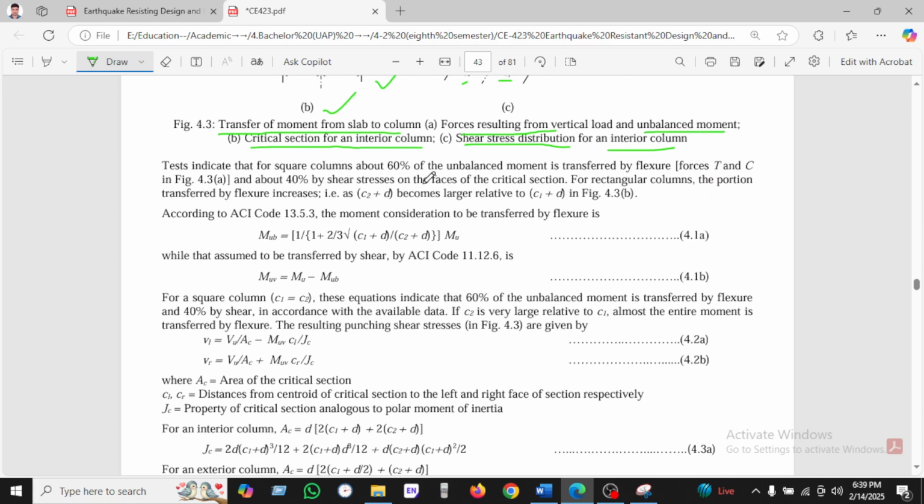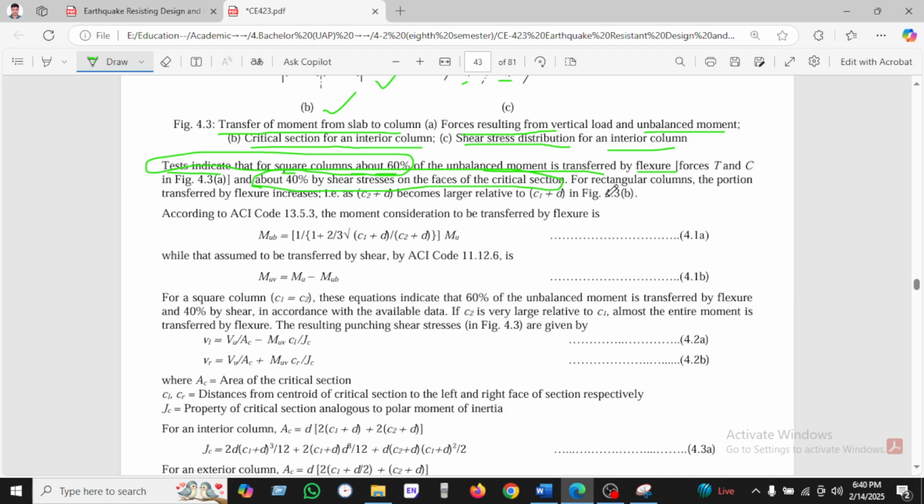So tests indicate that for a square column about 60% of the unbalanced moment is transferred by flexure with tension or compression, and 40% by shear stress on the critical section. This is very important. We have to memorize that the test indicates for a square column about 60% by flexure, and 40% by shear stress on the critical section.